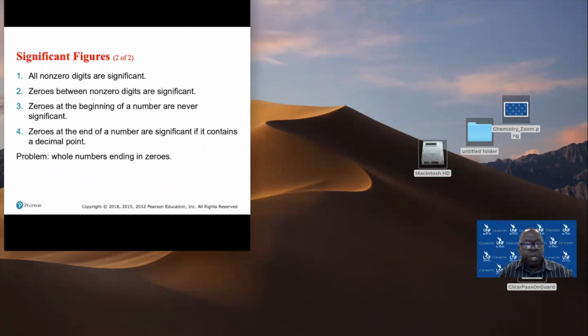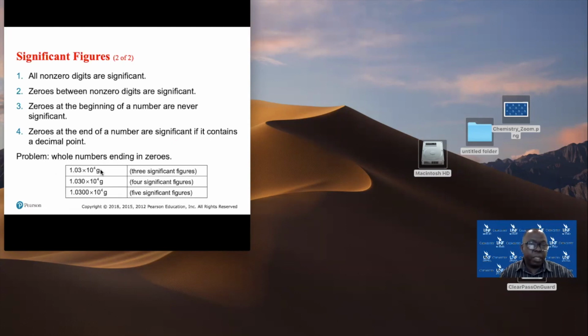Before we look at that, when these numbers have zeros at the end, we use scientific notation to take care of whether the zeros are included. These are the numbers in scientific notation, and anything on the left side of the multiplication sign does count as significant digits.